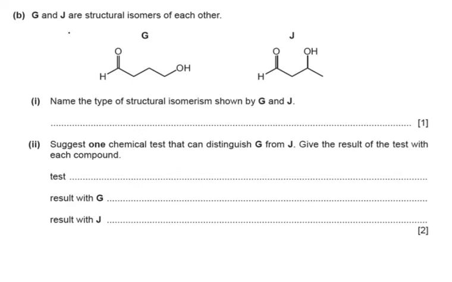Sub question B of the same question says G and J are structural isomers of each other. Here are the compounds G and J. Name the type of structural isomerism shown by G and J. Now let's have a look at what's the difference here. We can see that the aldehyde group has remained as such. The number of carbon atoms, 1, 2, 3 and 4, has still been 4, but the functional group which was attached to the 4th carbon has changed to the 3rd carbon now.